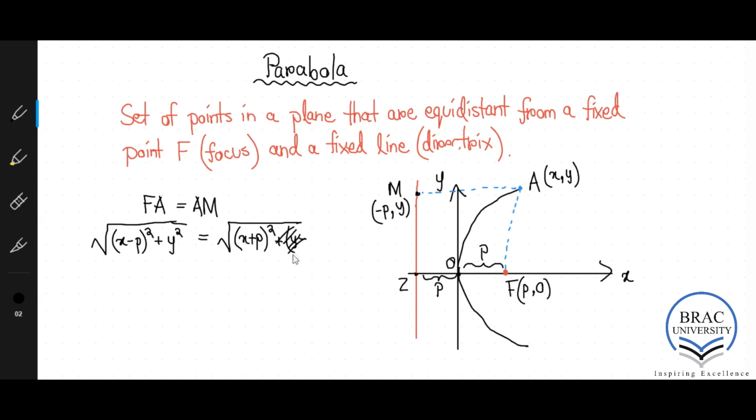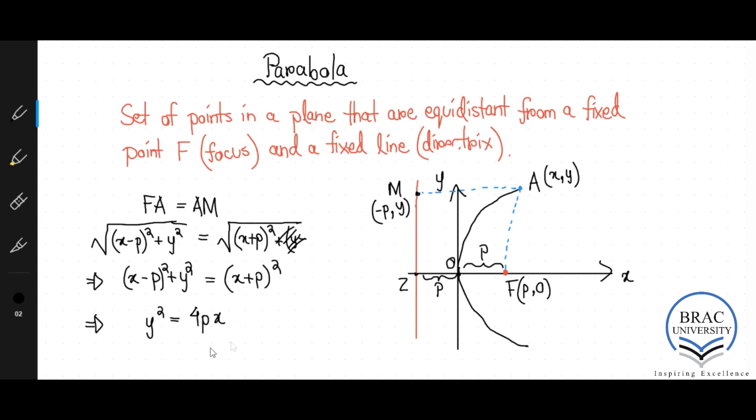So we just have x plus p. If we square both sides, we would come up with this, and you can simplify this right away to get the equation y squared is equal to 4px.